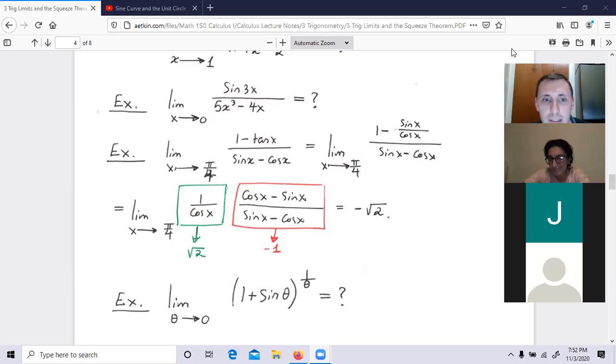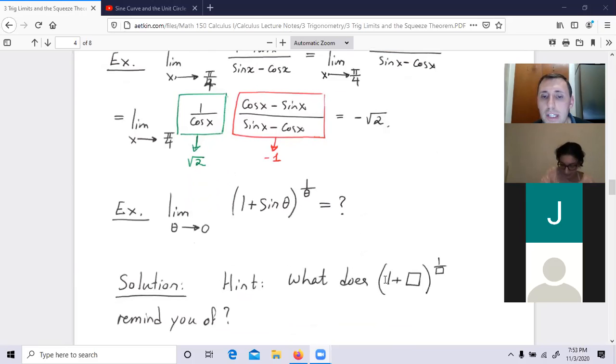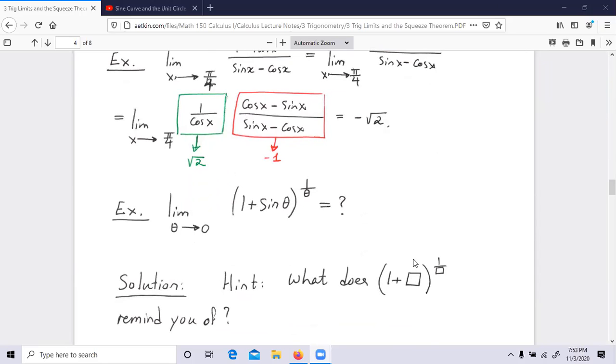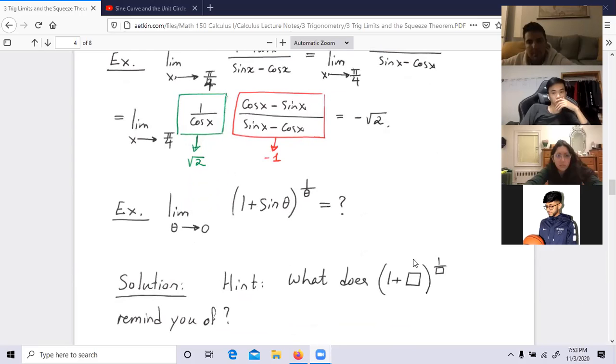Or are you stuck? What is this thing, guys? Look at it. Do you recognize, here is a hint, do you recognize what this limit is? Look at it. 1 plus a box, 1 over a box. What is that going to be? No?